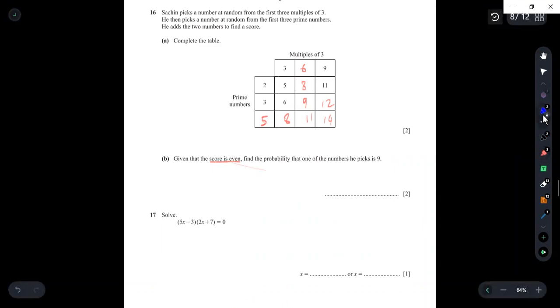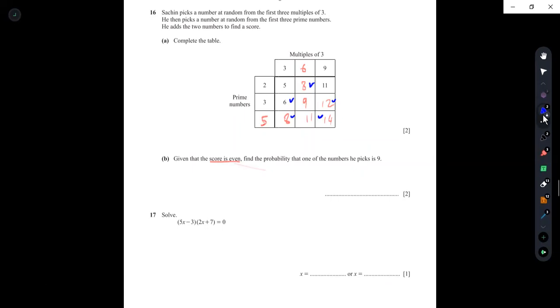So which scores are even? This is even, this is even, this is even, and these two are even. So it means he is going to pick a number from these numbers only. So find the probability that one of the numbers he picks is 9. First of all, what is our sample space?